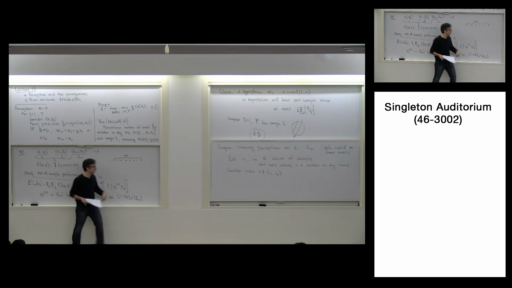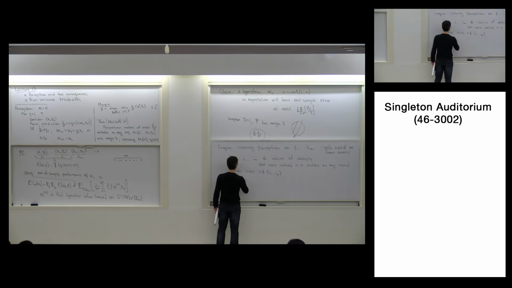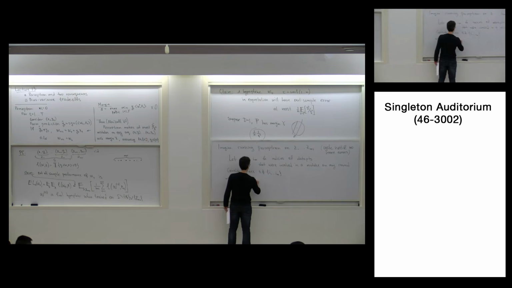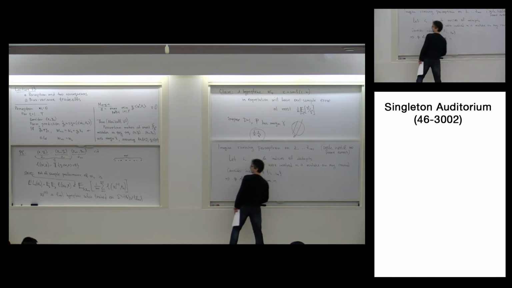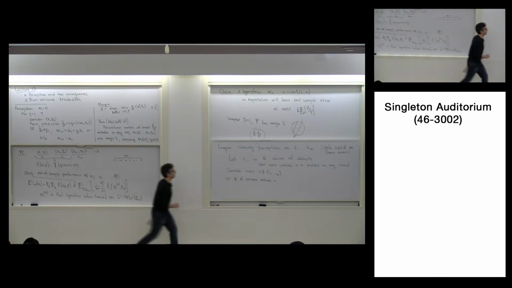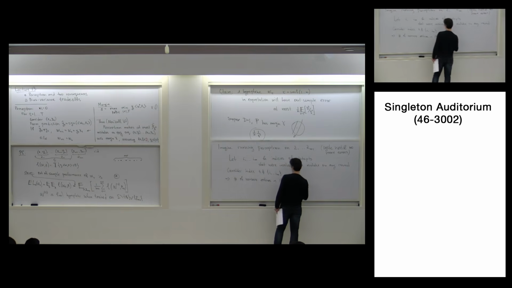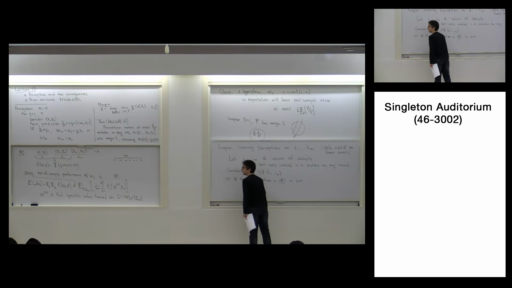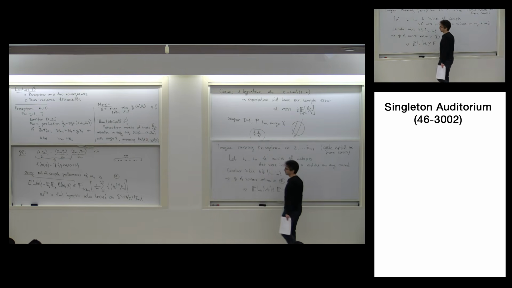So the number of non-zero entries in this sum, I'm going to mark it as a star, is at most m, and therefore expected 0,1 loss of WT is at most, well, expected value of m.